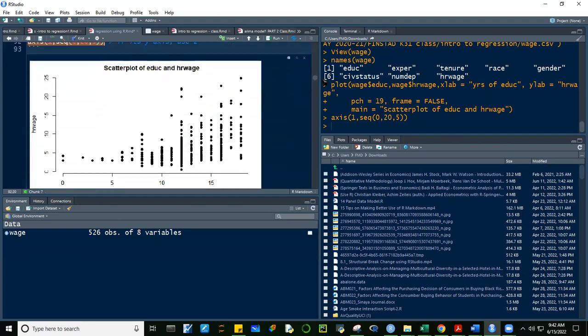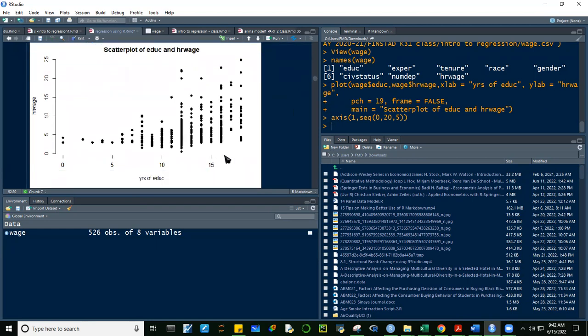We can see here the plot between hourly wage and years of education. Usually when you plot your variables, we put the dependent variable on the y-axis, and the years of education on the x-axis.